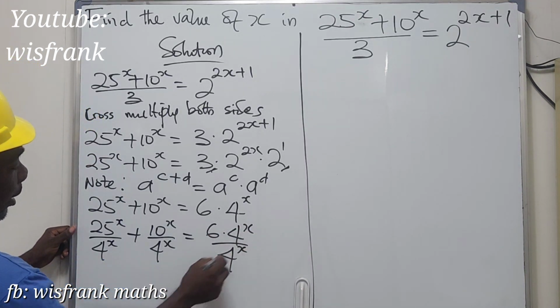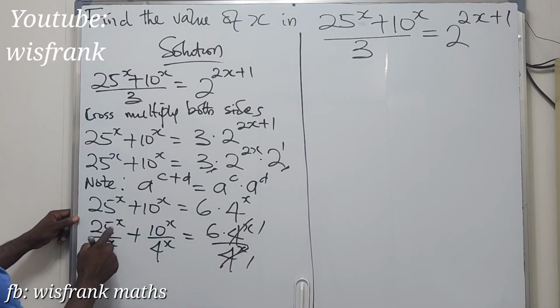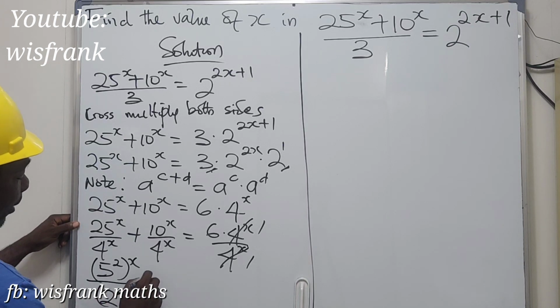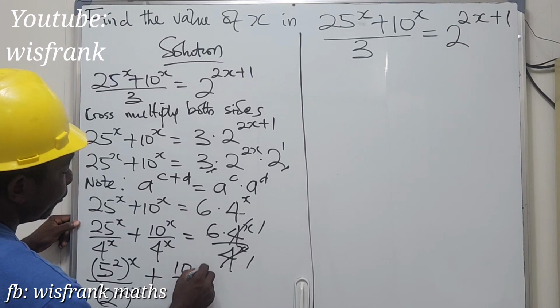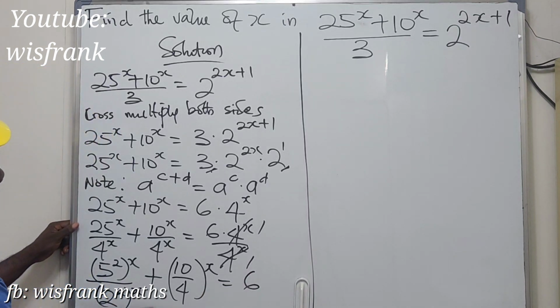So in this case, this will cancel here and this will cancel here. So this can be written as 25 is 5 raised to the power of 2, all to the power of x, all over 2 to the power of 2, all to the power of x, plus here we have 10 all over 4 all to the power of x equals 6.